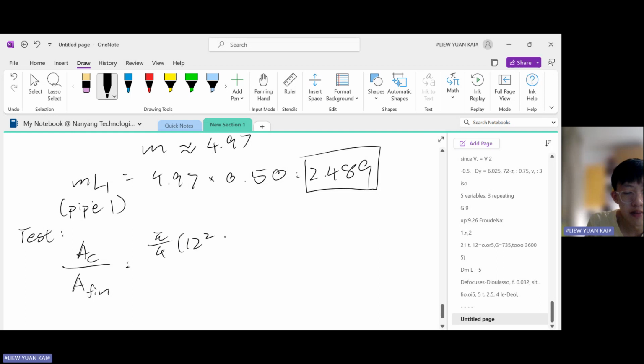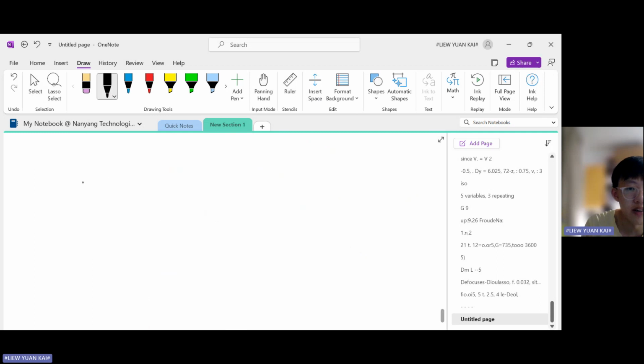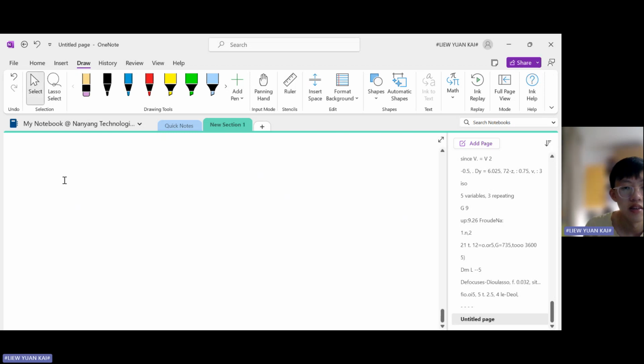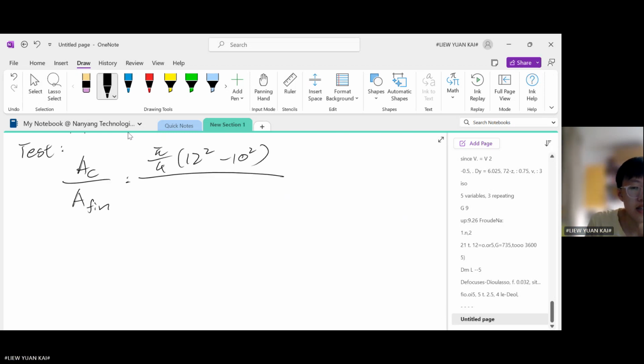So this is 12 centimeters, the outer diameter, minus 10 centimeters, the inner diameter, divided by the surface area of the fin. So let me draw out the pipe. It's going to be this one. This is the surface area through which convection occurs, so that is given by pi d L.